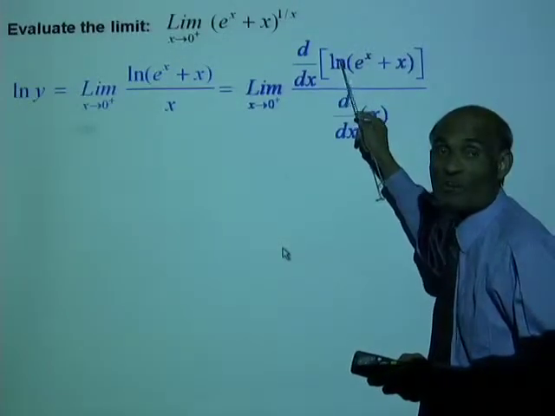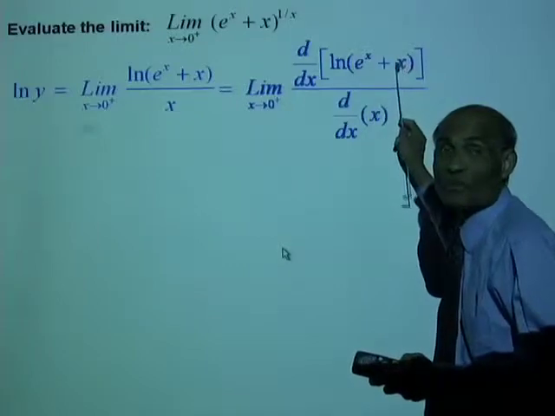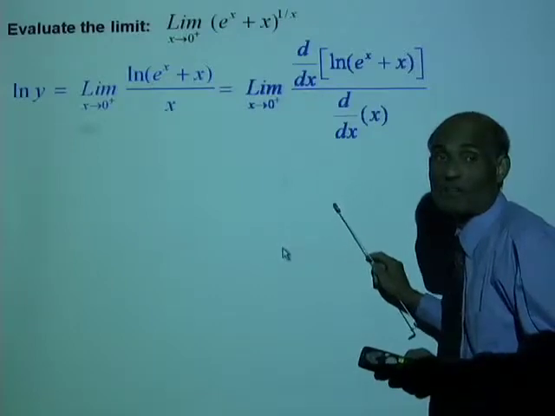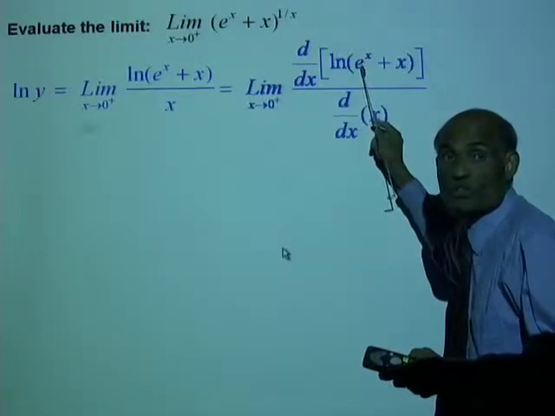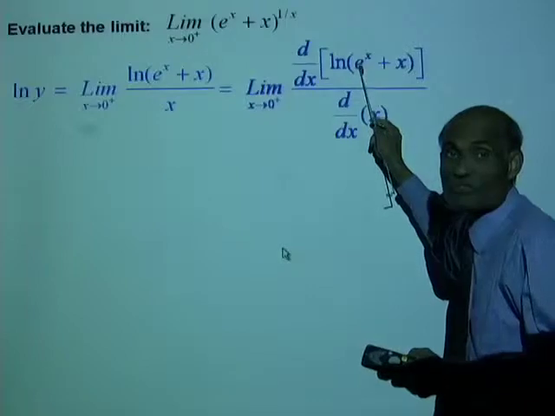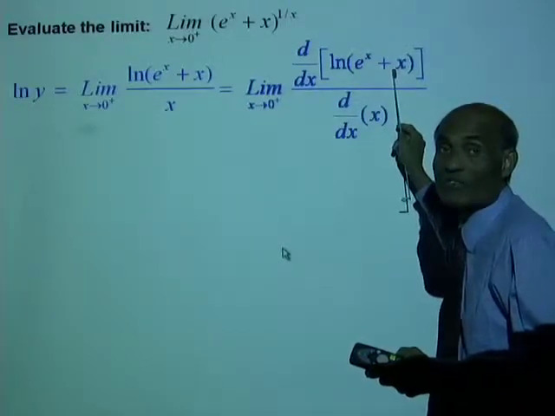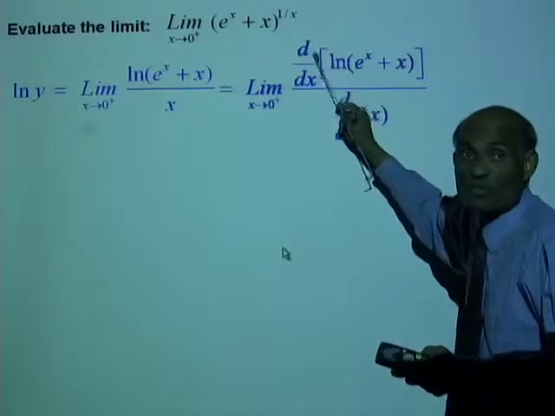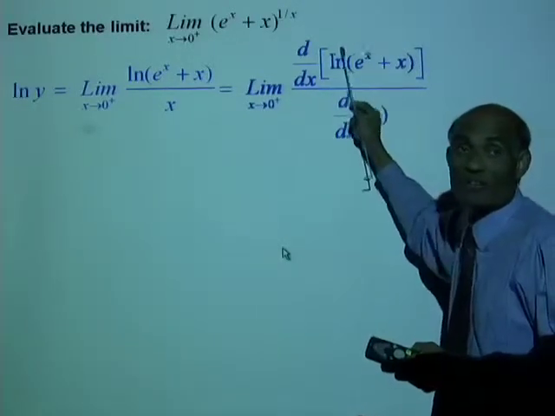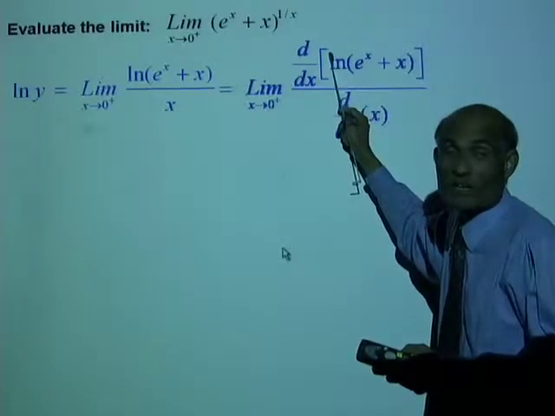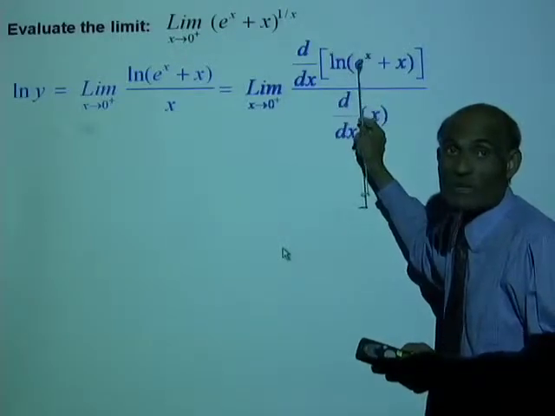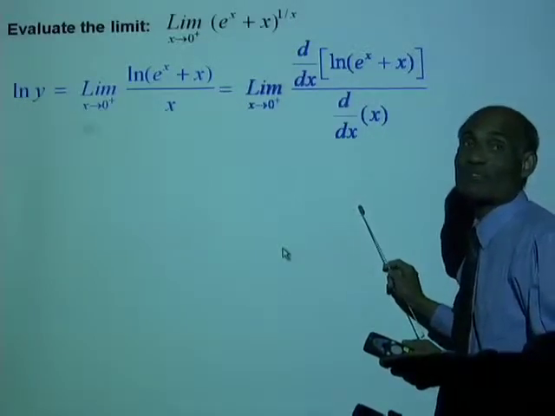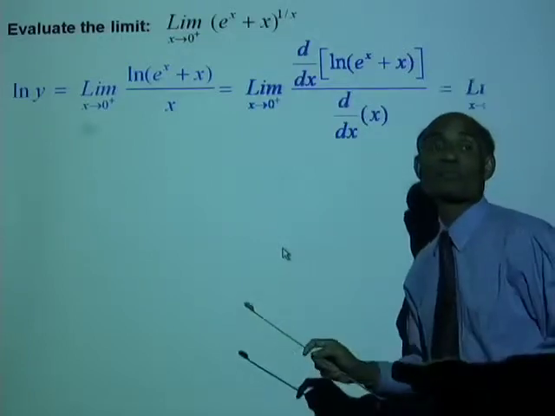So the derivative of ln of this quantity will be 1 over that quantity, 1 over e to the power of x plus x, times the derivative of this quantity. What is the derivative of e to the x plus x? It will be e to the power of x plus 1. So the derivative of ln (e to the power of x plus x) will be e to the power of x plus 1 divided by e to the power of x plus x. And the derivative of x will be 1.